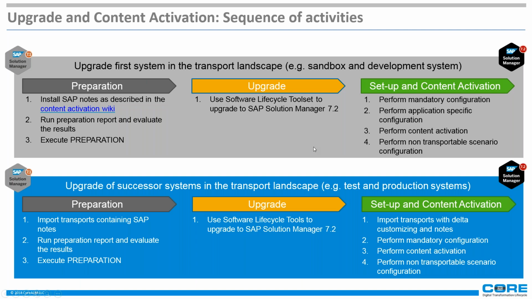So for upgrading and content activation, depending on the version of Solution Manager that you're on currently, there are going to be as little as 4 or 5 notes to as many as 80, 100 notes that you might have to apply to bring the system to a state where you are able to perform even the analysis of the current solution.